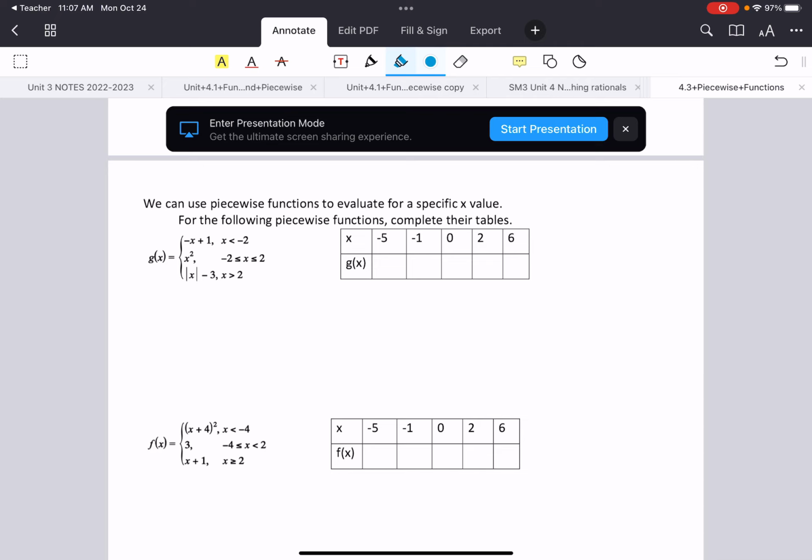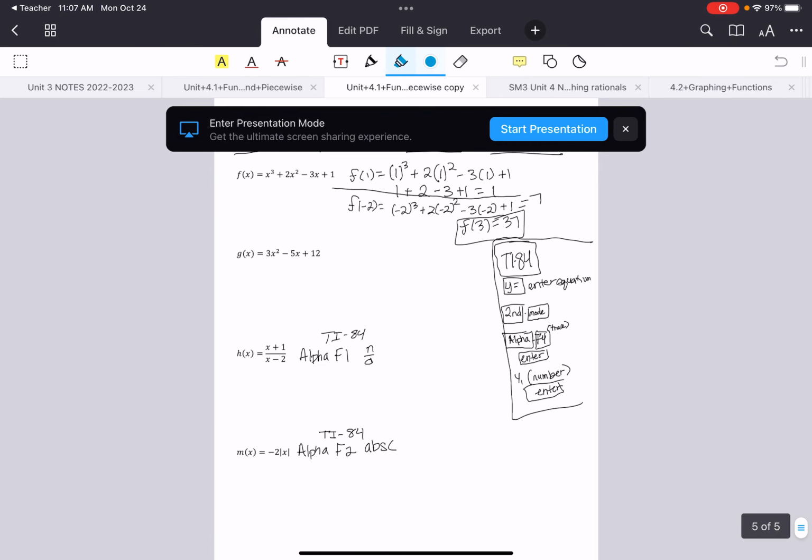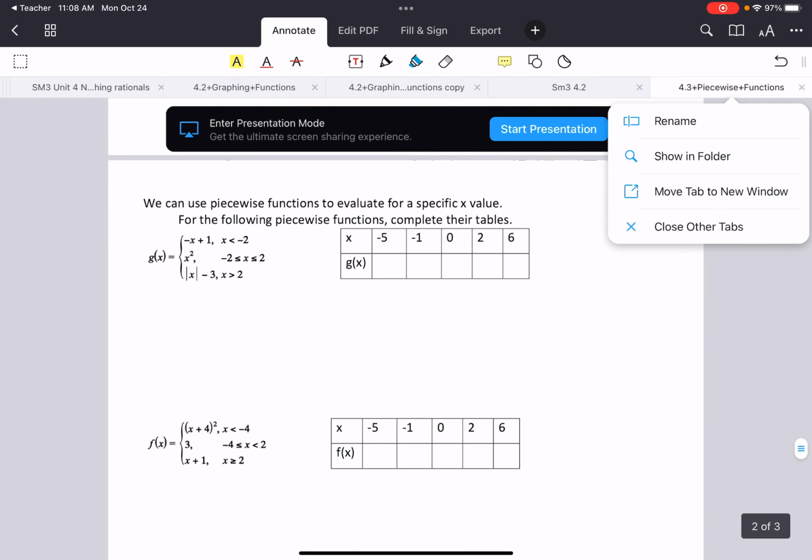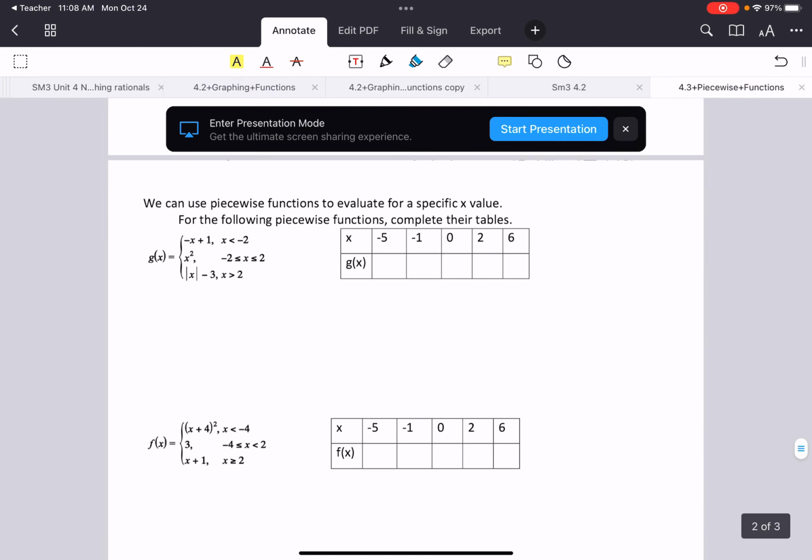So this is a piecewise function right here. This piecewise function has 3 different parts to it.